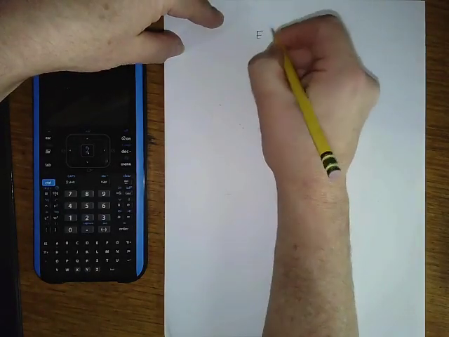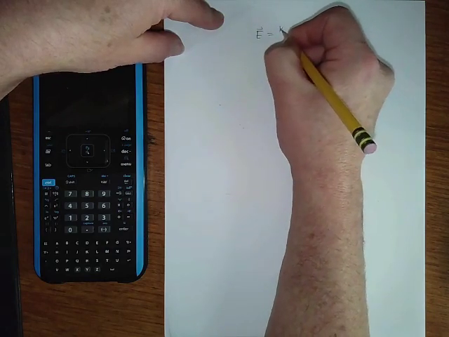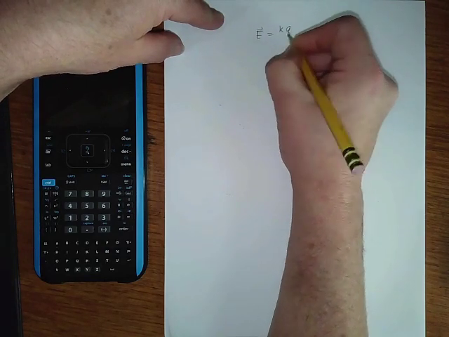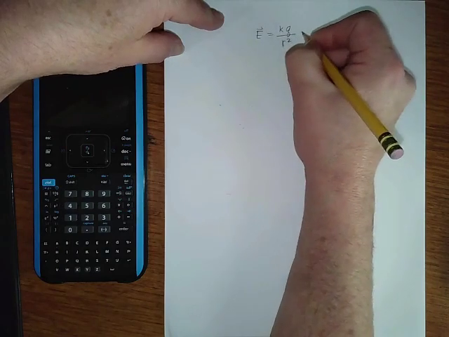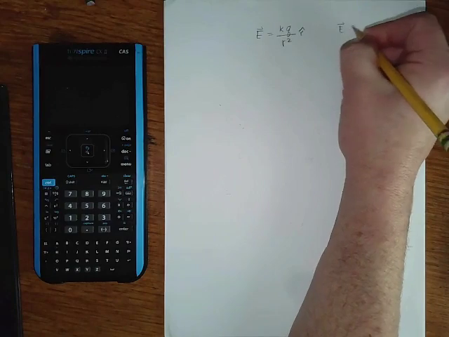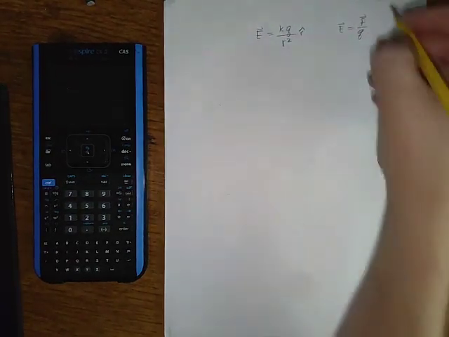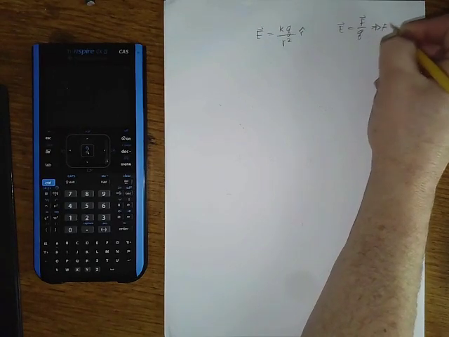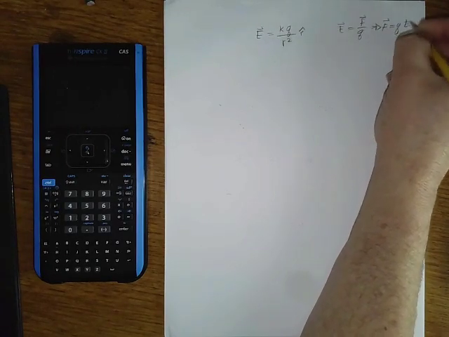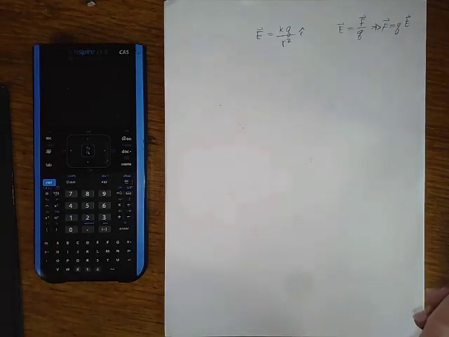We wrote the equation for a point charge: E is k Q over r squared, and then we have our r hat. So remember that the electric field is force per unit charge, or we could say force is charge times electric field. Either way, same equation. That should be on your equation sheet.